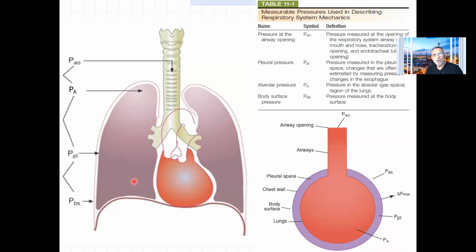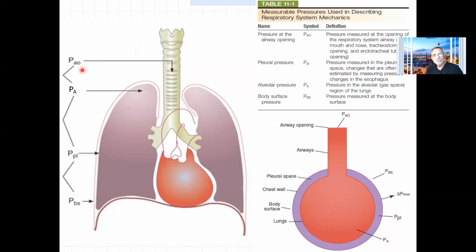Now, as we move over to this diagram on the left, I'm really going to be looking at both this diagram and this diagram as we start looking at what's happening during the respiratory cycle. And so again, you can see here, we have the airway opening pressure, and that's denoted by the upper airway to the trachea.